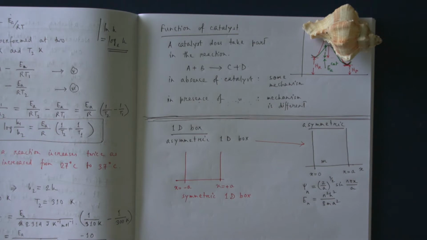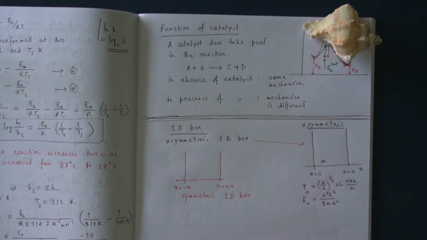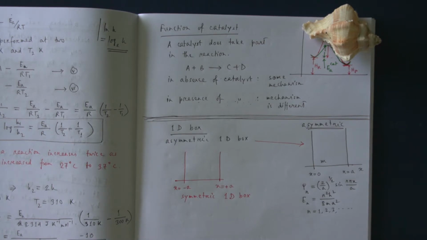We have obtained these two results, and here n equals 1, 2, 3, etc., and n is the quantum number.